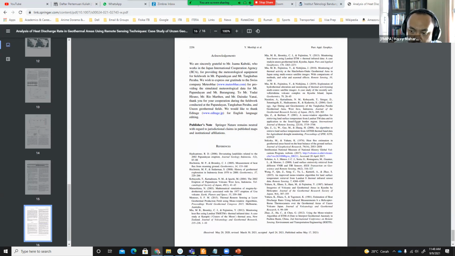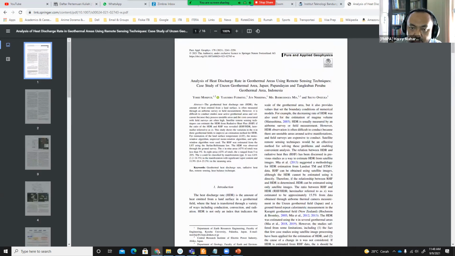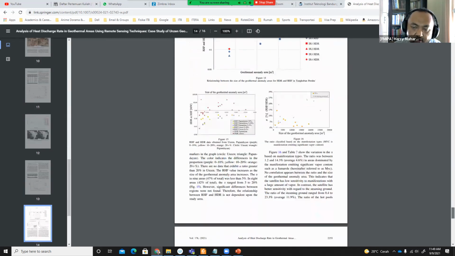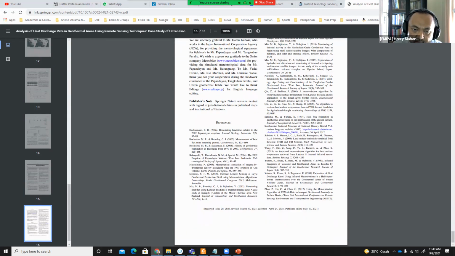So this is also one important part in doing literature review, that after you look at the paper, from here you can see the references that this paper has. Okay, so from here, they also have these names and these publications that they use in order to make this paper.